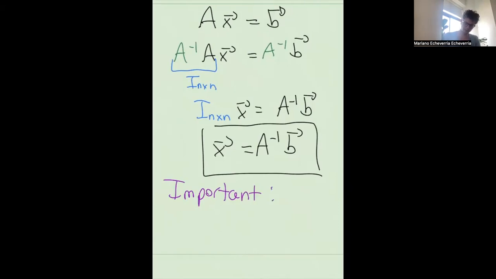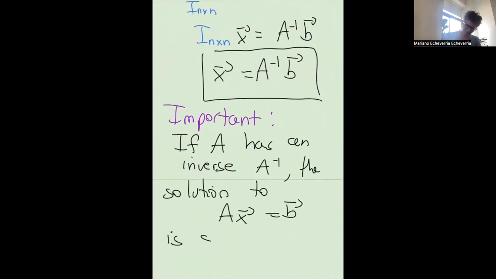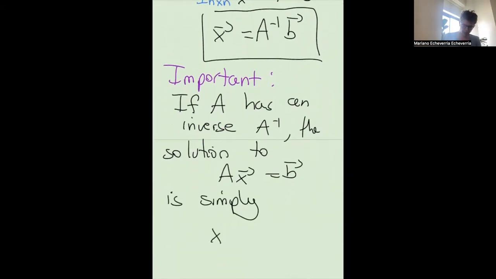If A has an inverse, the solution to AX equals B is simply X equals A inverse B.